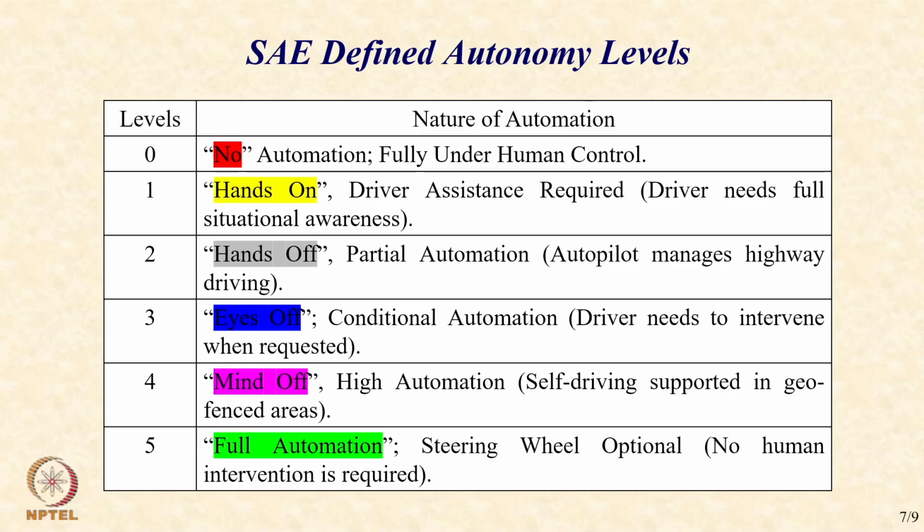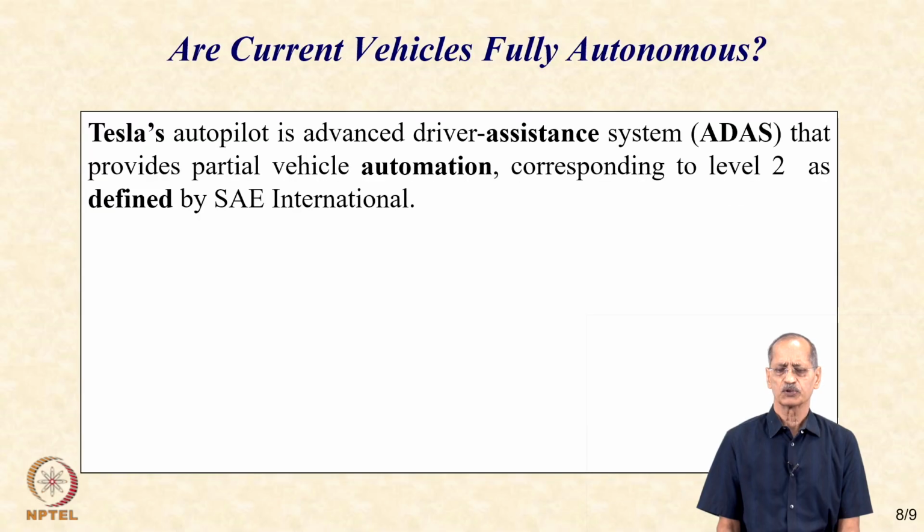Now, this in a nutshell talks about different levels of autonomy that your autonomous system can have, starting with no automation or level 0 to full automation, which is level 5. So, the question which arises at this point: are current vehicles that people are talking about fully autonomous?